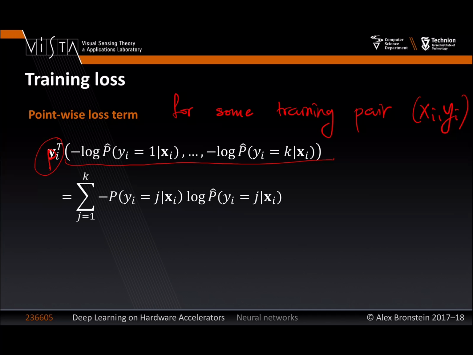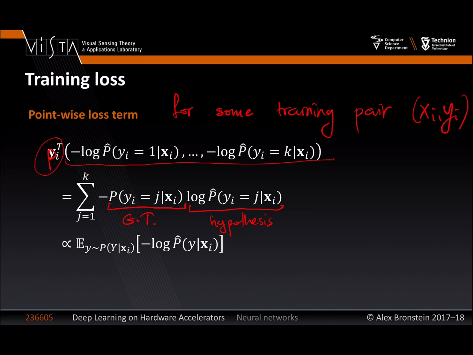It will be the sum over j from 1 to k. I'm just writing the product of this ground truth probability and my hypothesis. This is just writing this expression explicitly.